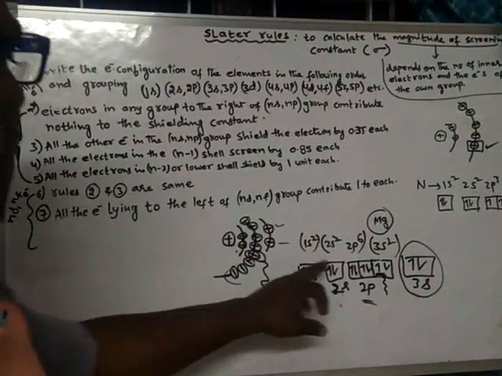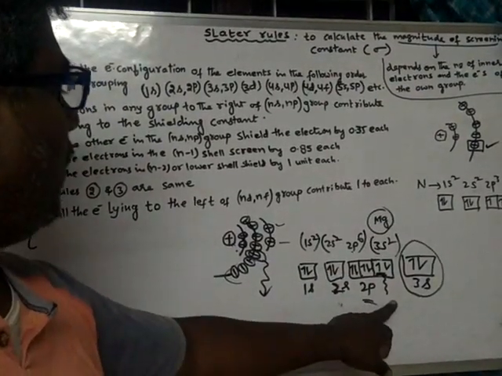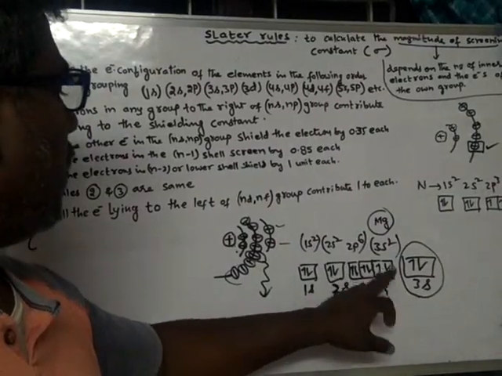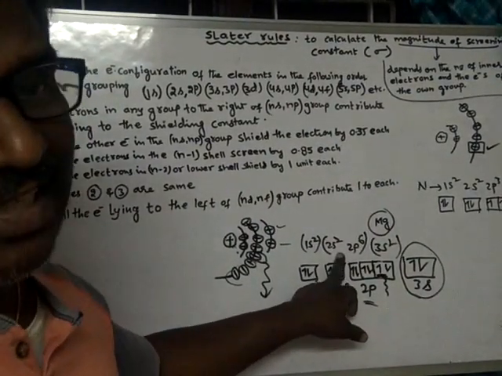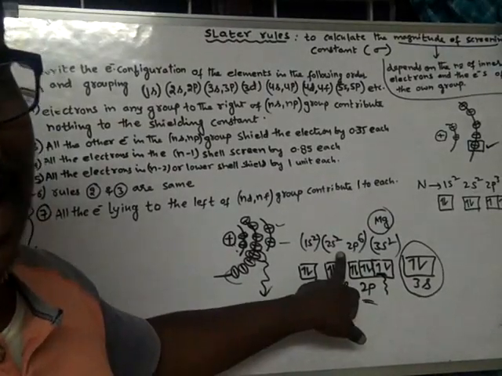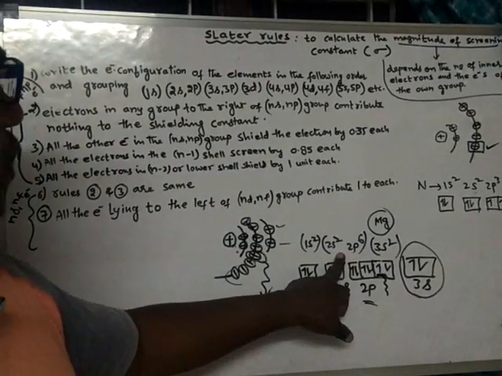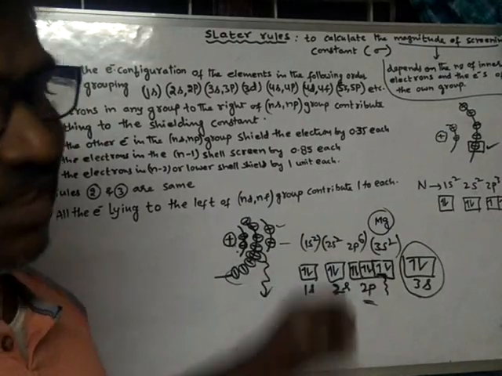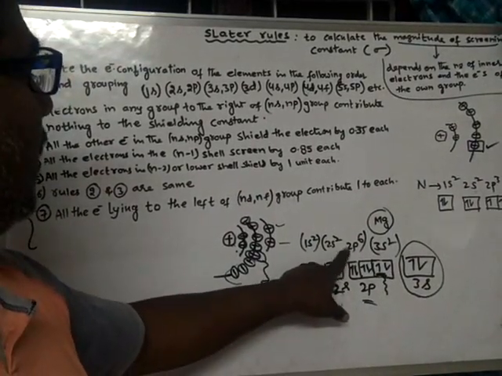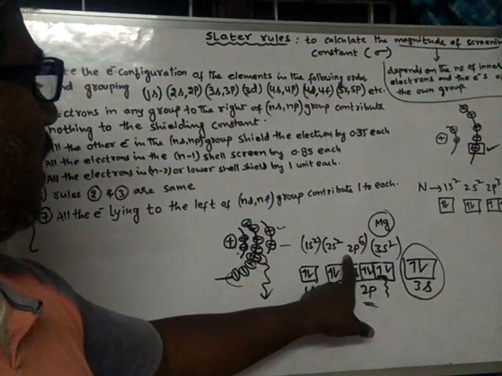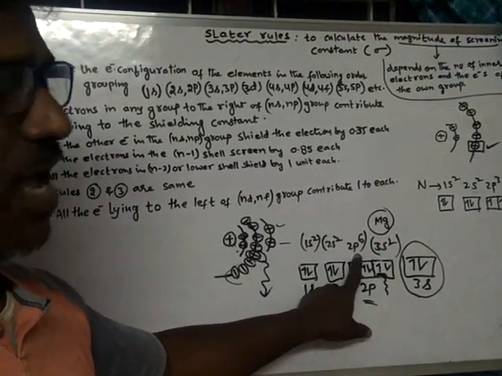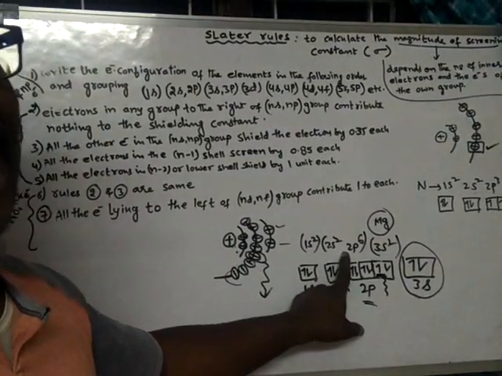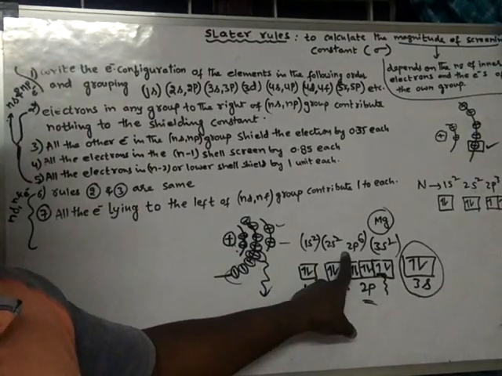That means the group in which this electron is present should be treated as the last shell, because we are calculating the screening effect of the electron present in this group. Hence this group will stand as the last orbit.